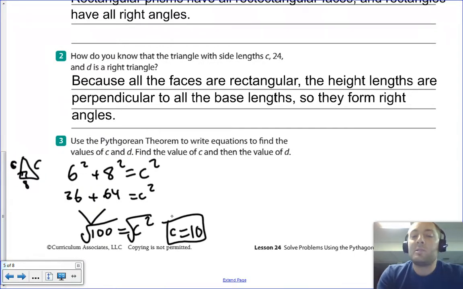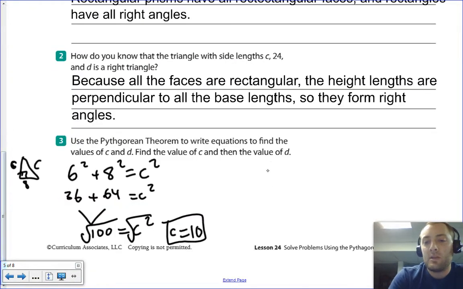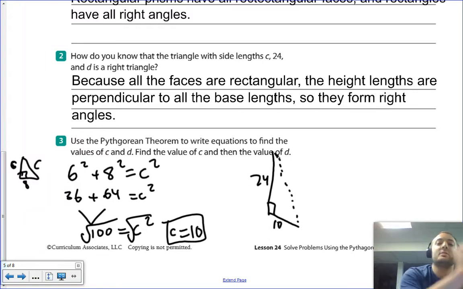Now that helps us with that bigger triangle, the one that goes along the diagonal. So I'm going to try to redraw that. It shows the whole height, which we said was 24. It shows the C, which we now know is 10. This will make a right angle. And that dotted line on the example that goes diagonally across, that is what we're trying to find.